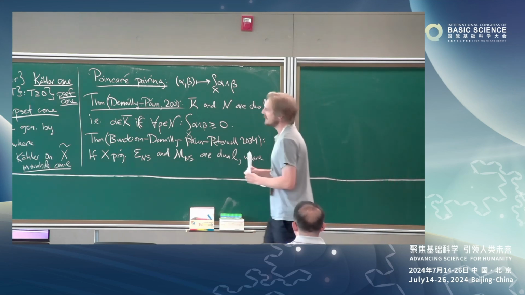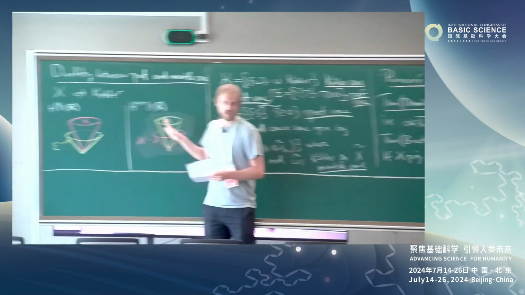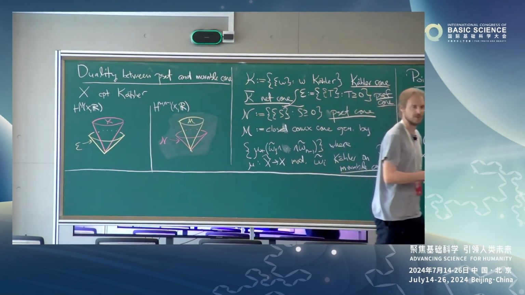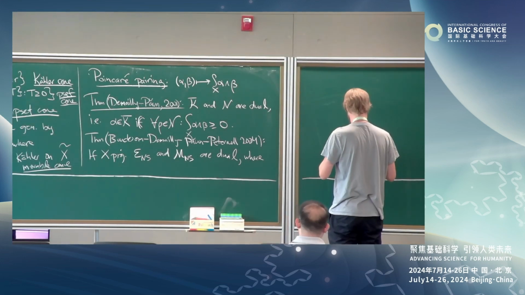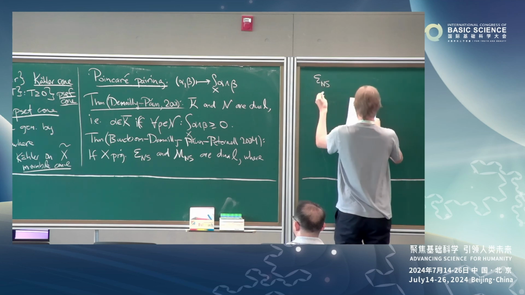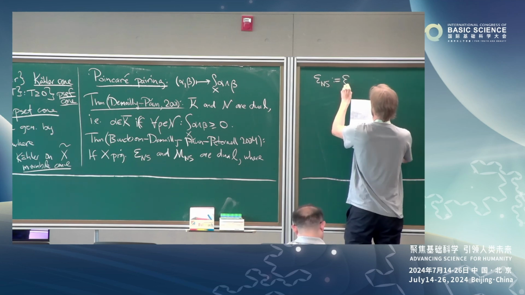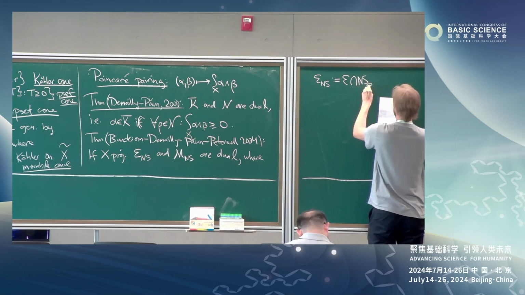If you intersect these Néron-Severi spaces with these cones, then you get these algebraic versions, where this is simply this intersection.